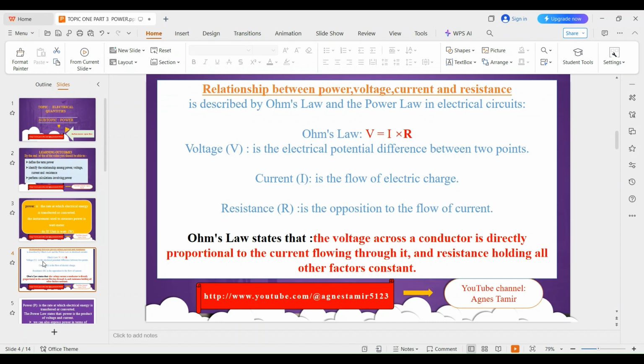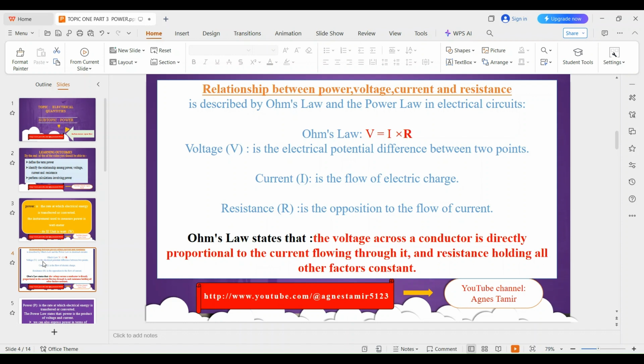Remember in our first video, that is electrical quantities, we stated Ohm's law, and we said that Ohm's law states that voltage is directly proportional to current and resistance, holding all other factors constant.